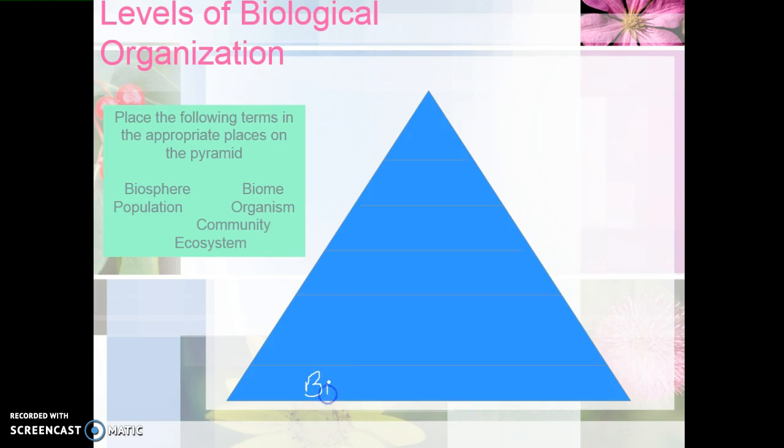My pen's not been working really well lately, so if it's not written very well, I'm sorry about that. Okay, so we have biosphere. Then next, you'd have a biome. I think biome and ecosystem fit together in the same category, but we can split them up here.